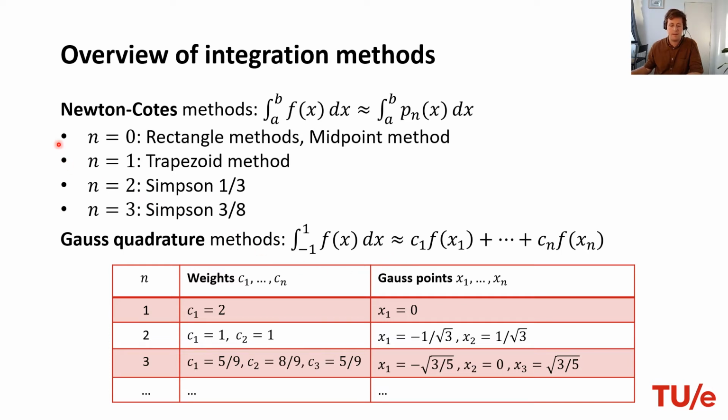For instance, the rectangle method seemed not so super accurate, whereas Simpson's methods and the Gauss quadrature method seem to be quite accurate. Now, in this video, we will investigate this error a bit more and give some more quantitative statements about each of these methods.